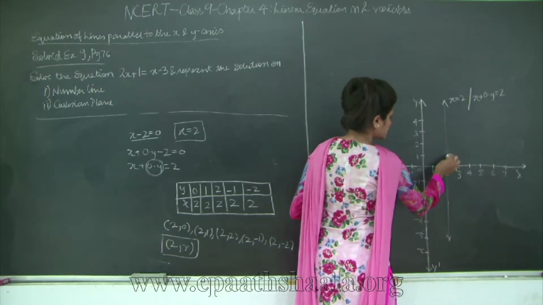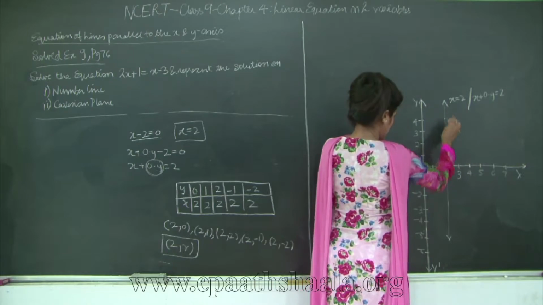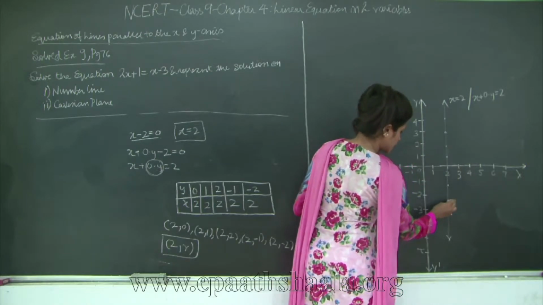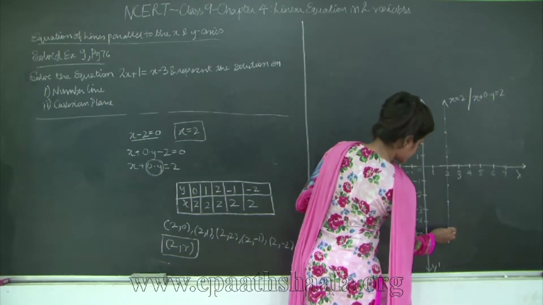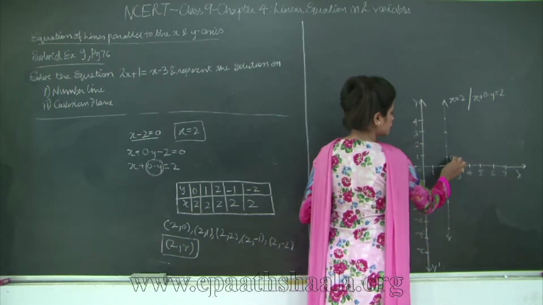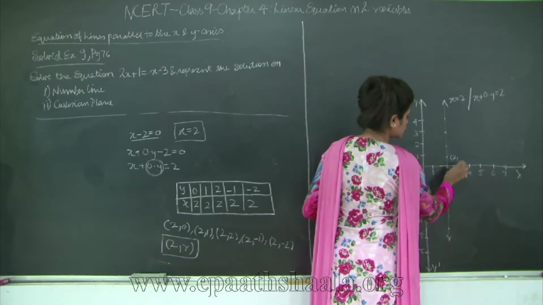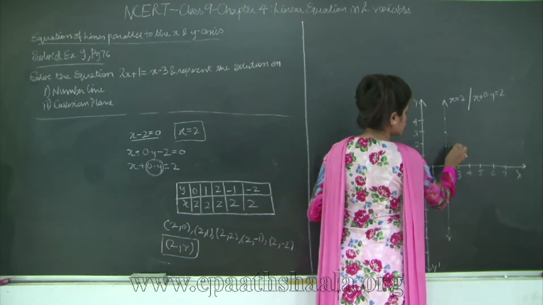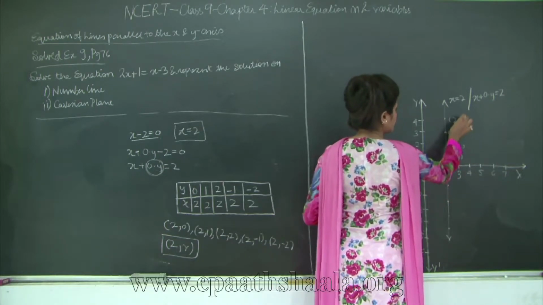And therefore your points are these. You can mark your coordinates simply. So my coordinates here are 2, 0, 2, 1, 2, 2, 2, 3, 2, 4.